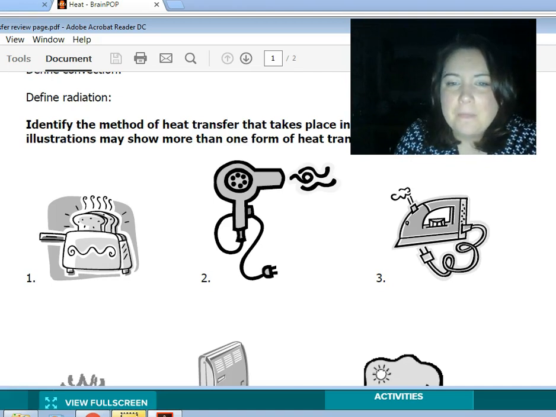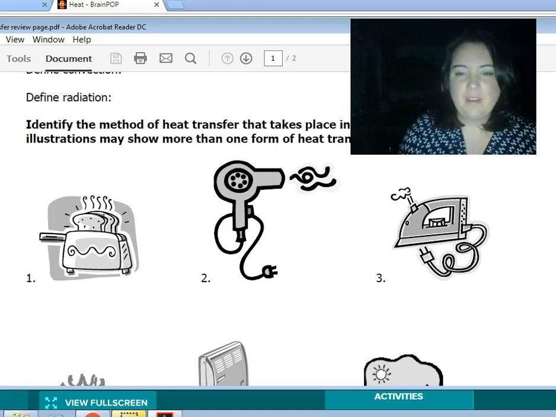The iron, I would say a majority of the iron is through touch. The iron is touching your clothes as it gets the wrinkles out. So you have heat transfer by touch. That's conduction. We do have the steam that comes up, so that would be convection as heat rises, and you'll have all of that.